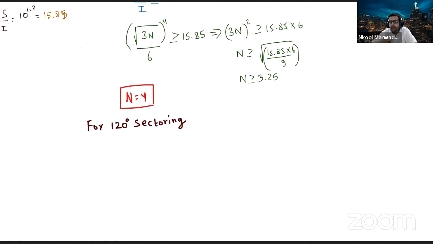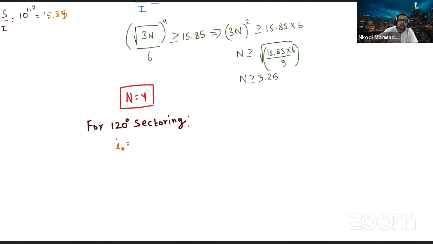For 120-degree sectoring, this I naught result you should remember, a very important result I'm discussing with you. For 120-degree sectoring, the number of co-channel cells, whatever I naught we have, will become 2.